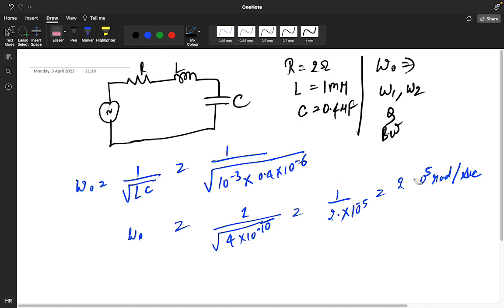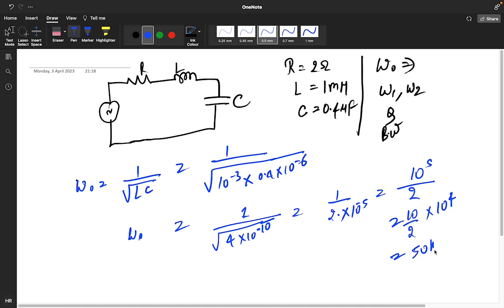So this is 10 to the power 5 divided by 2. So 10 by 2 into 10 to the power 4. So how much will you get? 10 to the power 4 times 5 radian. Yeah, 50k.